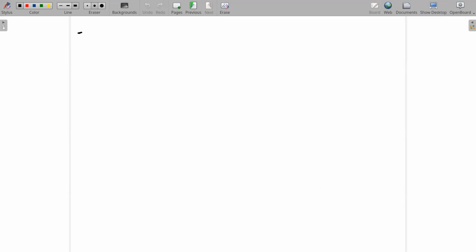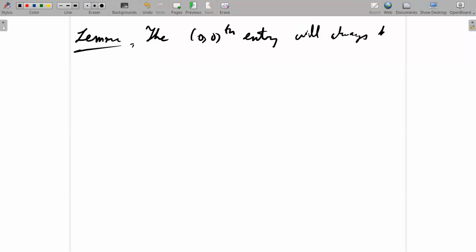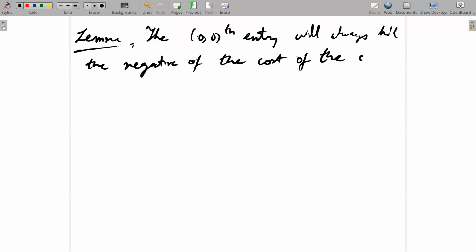All right. So let's just encapsulate all of this in a lemma. The 0th entry of the tableau will always hold the negative of the cost of the current BFS, and the 0jth entry will always hold Cj bar.